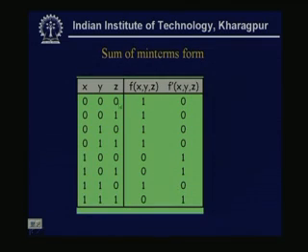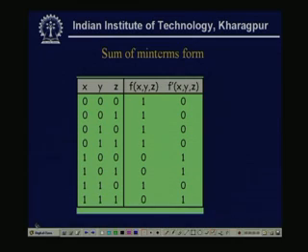See, this is one example. These are the minterms, with all possible values taken. This is the truth table x, y, z, and these are the outputs. There are two outputs, the function f and f complement also. When m0, that means x, y, z all are 0, then it becomes 1.